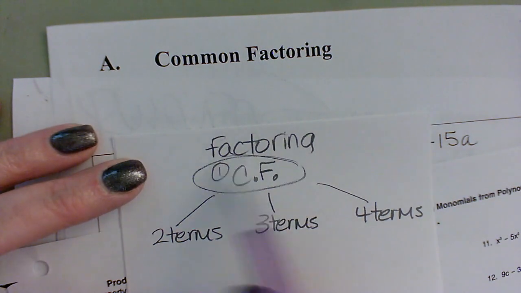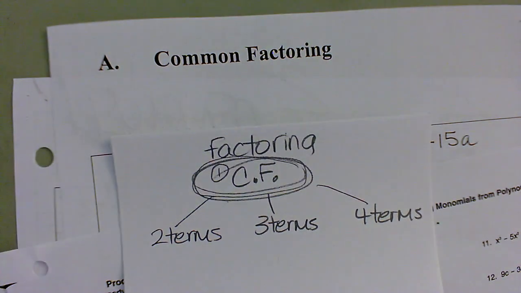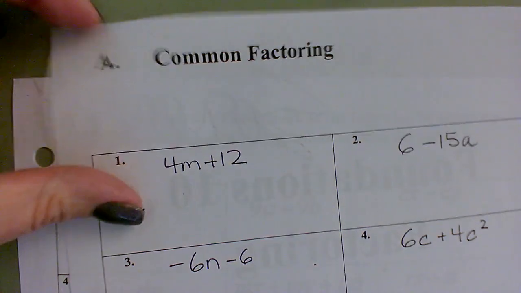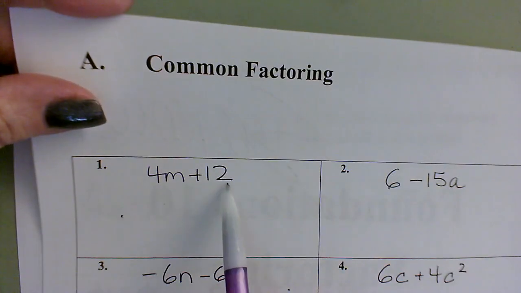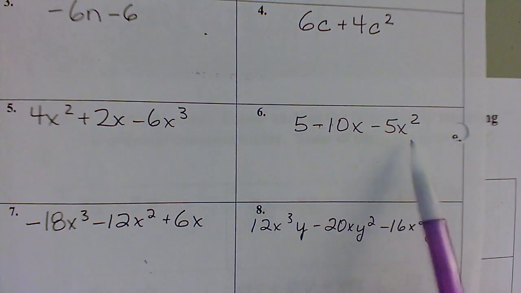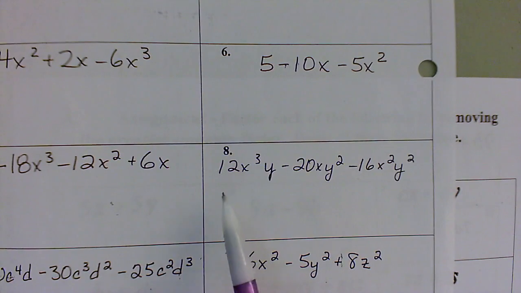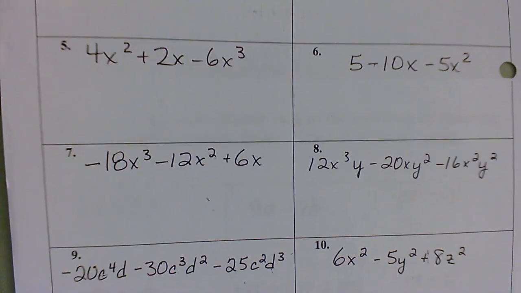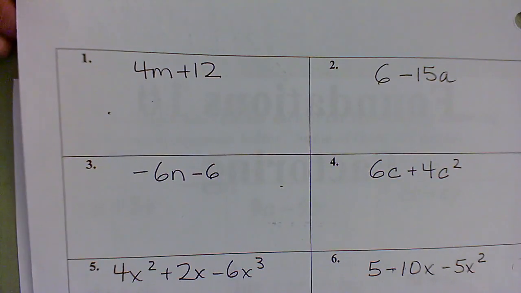That is the overall one that can be done with absolutely any size of polynomial. If you look at this first page, I've got things that are 2 terms big and things that are 3 terms big. I don't think I went anything bigger than 3, but you could go 4, that sort of thing.